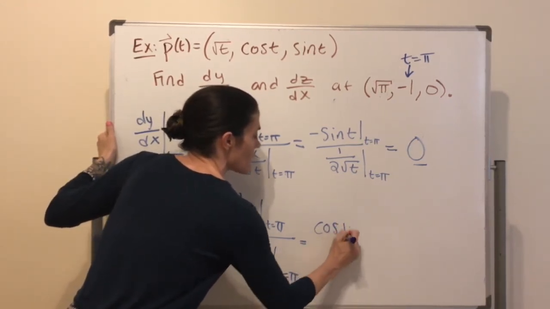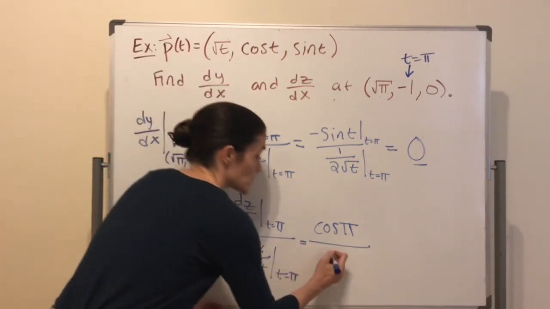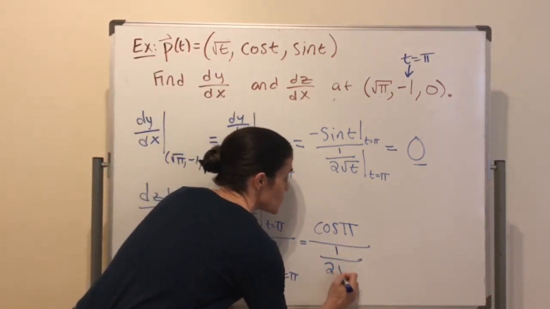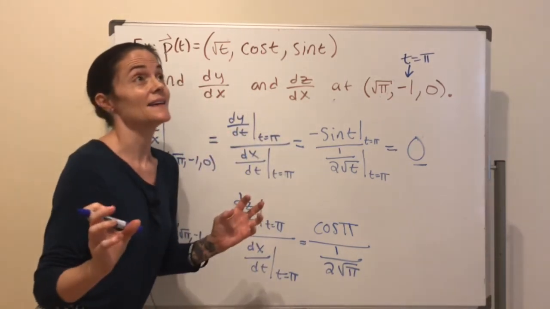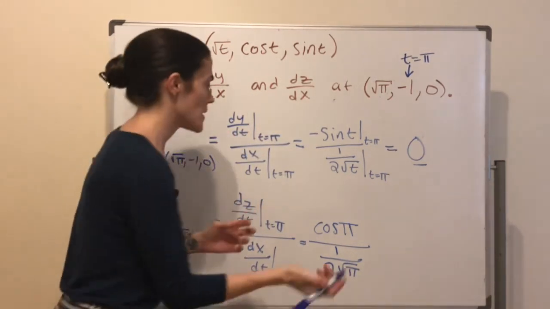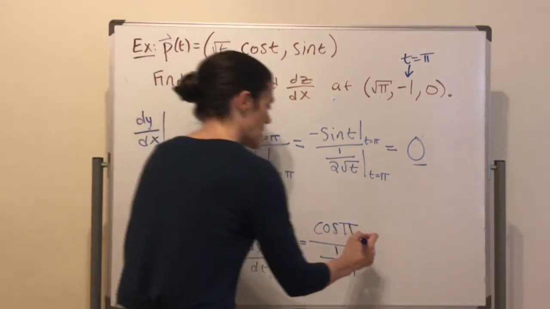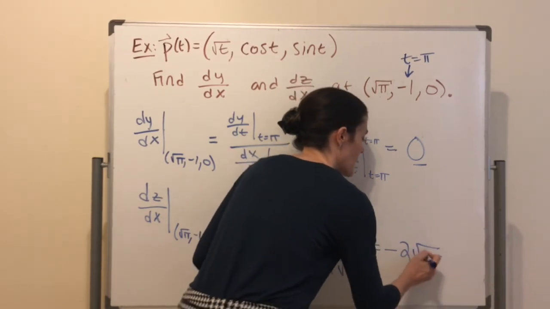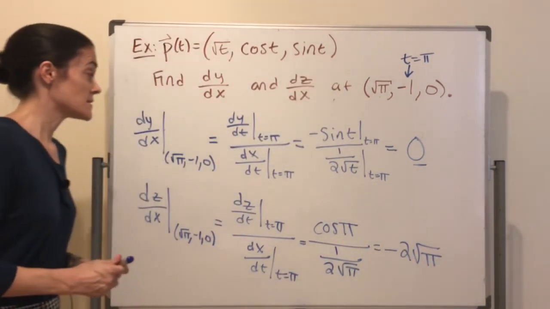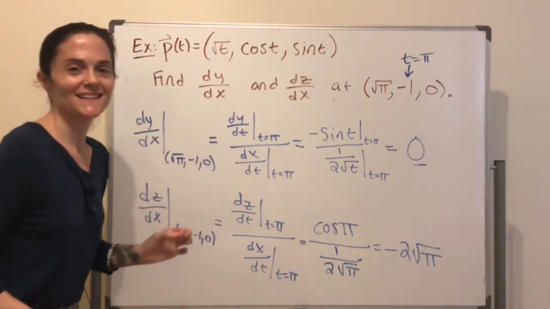Maybe I'll go ahead and evaluate it. We get cosine pi, divided by 1 over 2 square root pi. Cosine pi is negative 1, and then in the denominator we will invert and multiply. We get negative 2 square root pi. So this is the answer for dz/dx at this particular point.